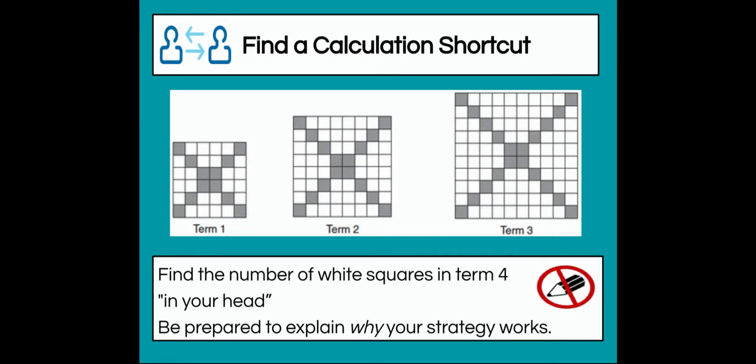Find the number of white squares in term 4 in your head. Be prepared to explain why your strategy works. So you'll see term 1, term 2, and term 3. If I were to make term 4, how many white squares would it have? Tell me how I could find this answer without counting.